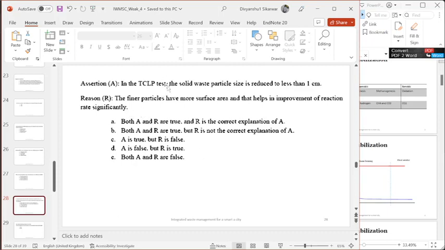In the TCLP test, before dumping those artifacts into landfill, we grind them, reducing the size to less than one centimeter. The smaller the size, the more the surface area, and the more the chances of reaction. TCLP basically overestimates.